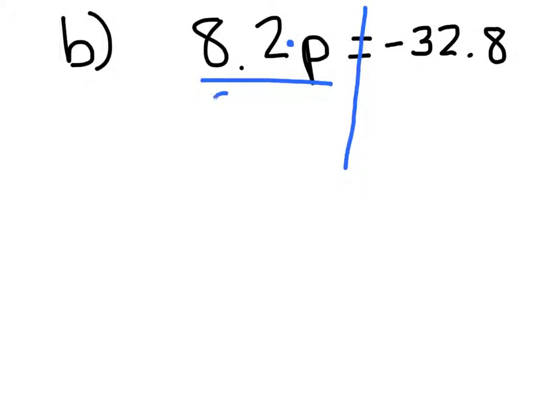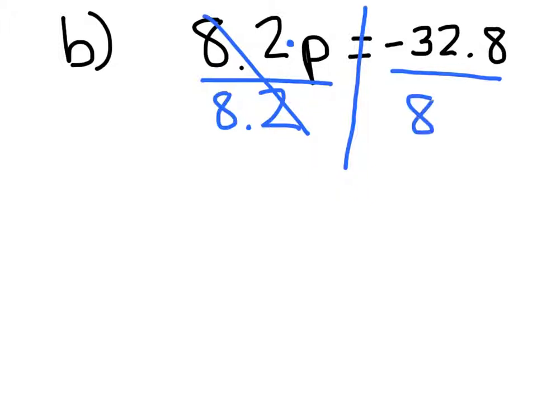I'm going to divide by 8.2. And over here I'm going to divide by 8.2. Notice I'm left with p equals, now I have to divide this. Notice I have a negative divided by a positive, so my answer is going to be negative.